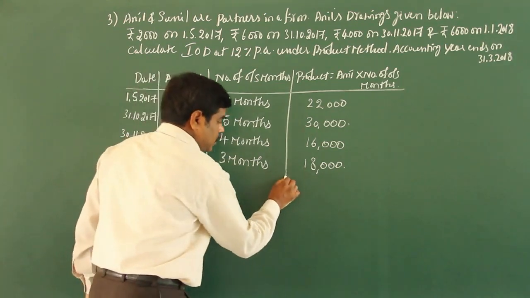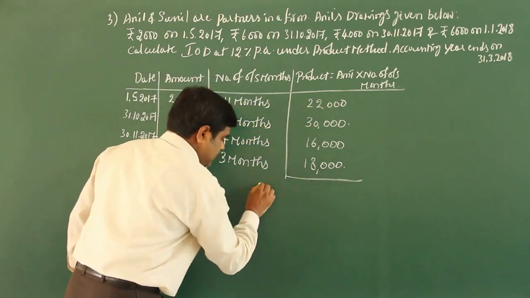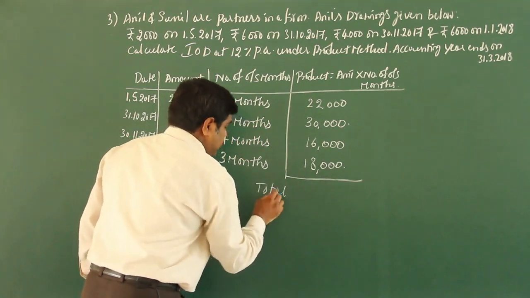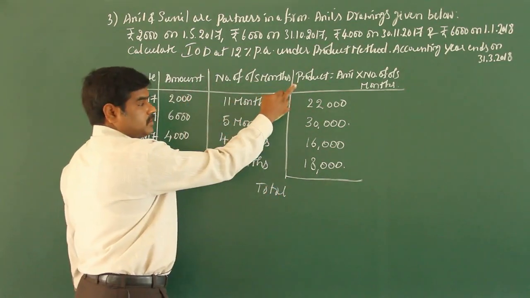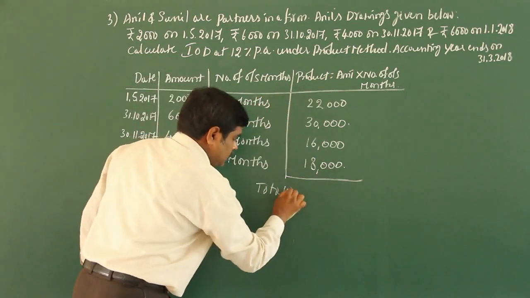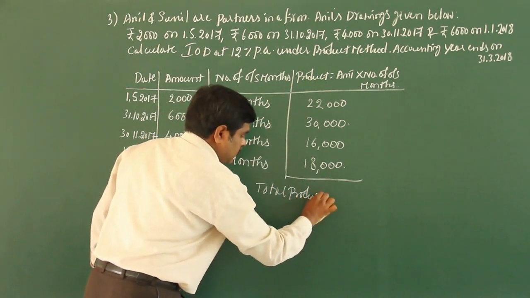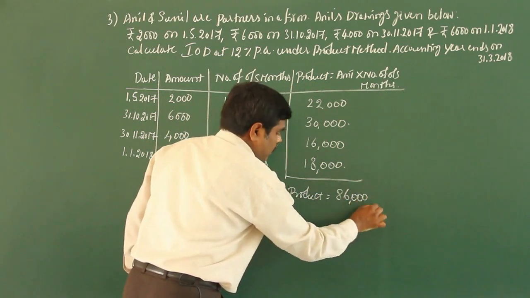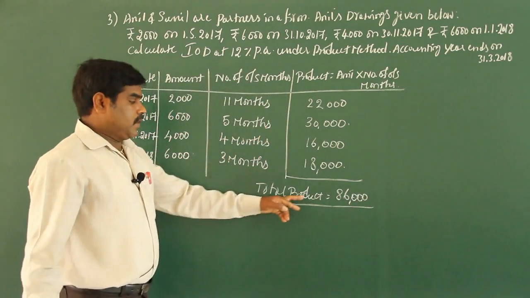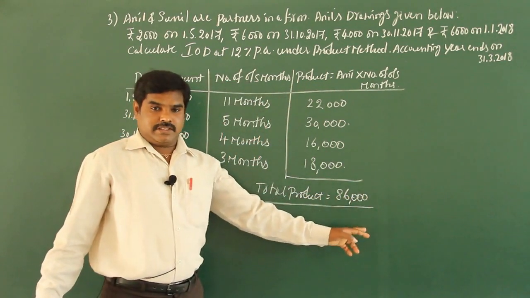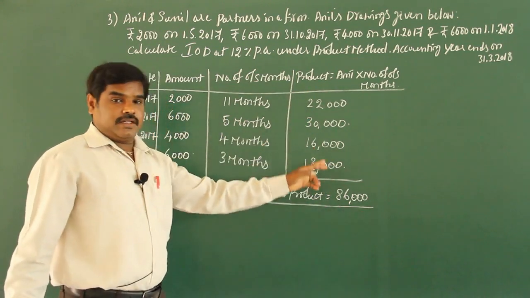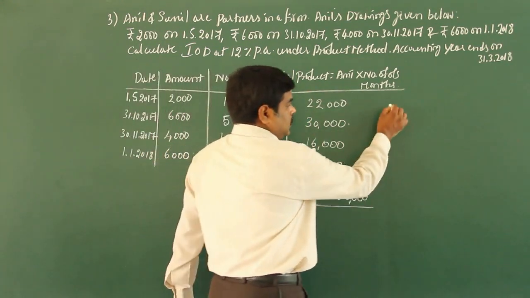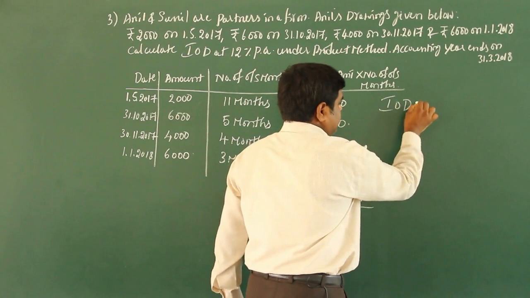After multiplication, that is amount into number of outstanding months, that is the product. Next, the total product: you get 86,000. After calculating the total product, go for the calculation.